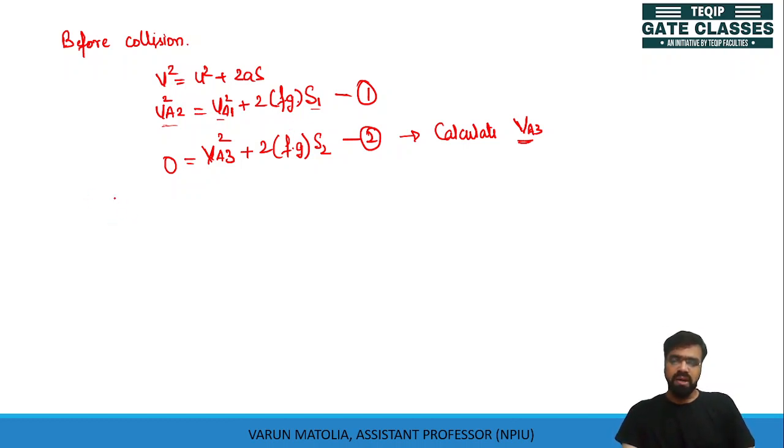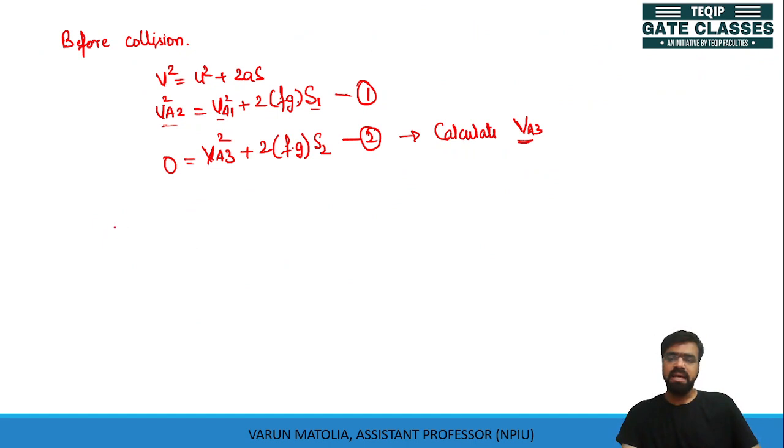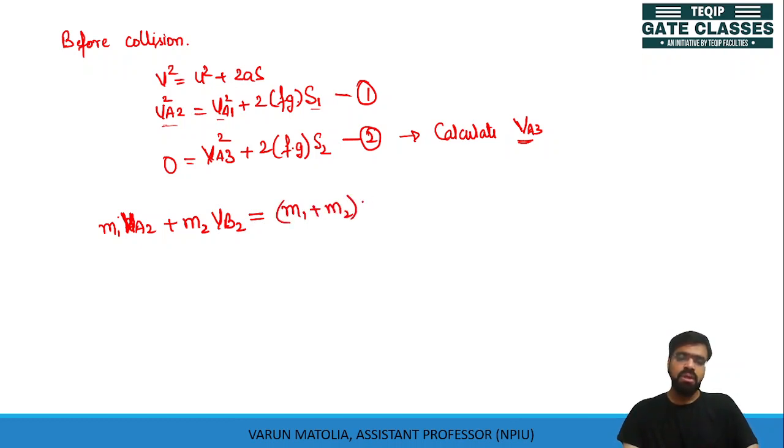Okay, so what else do we have? We have this momentum equation. We can write this momentum equation as m1 VA2 plus m2 VB2 equals m1 plus m2 VA3.